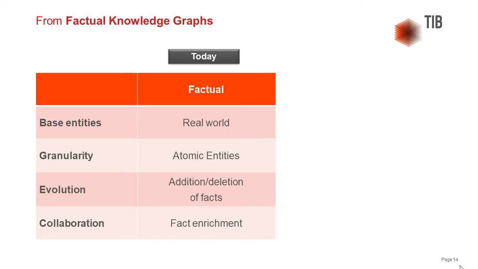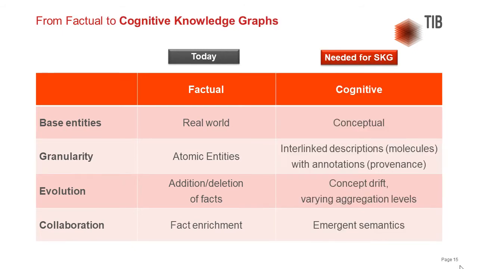If we compare that to the knowledge graphs we currently have, knowledge graphs currently capture real-world entities, entities are atomic, we can add and delete facts, and we can enrich facts in collaborative settings.